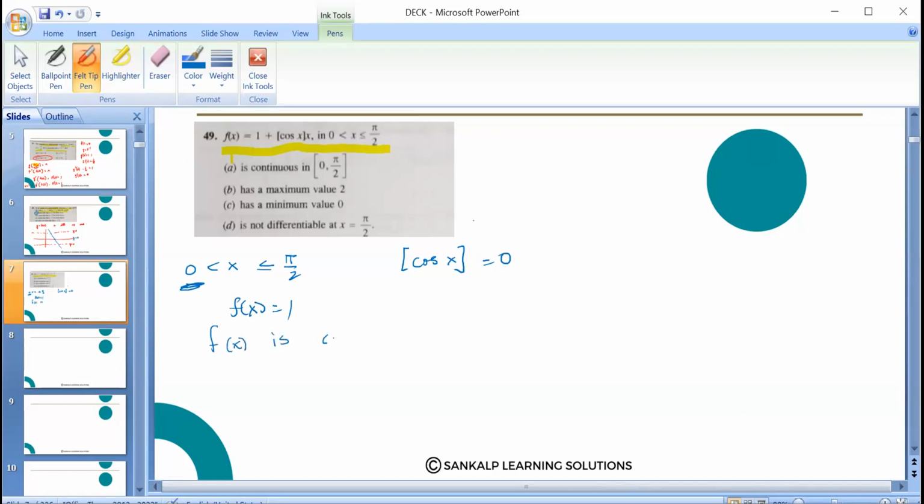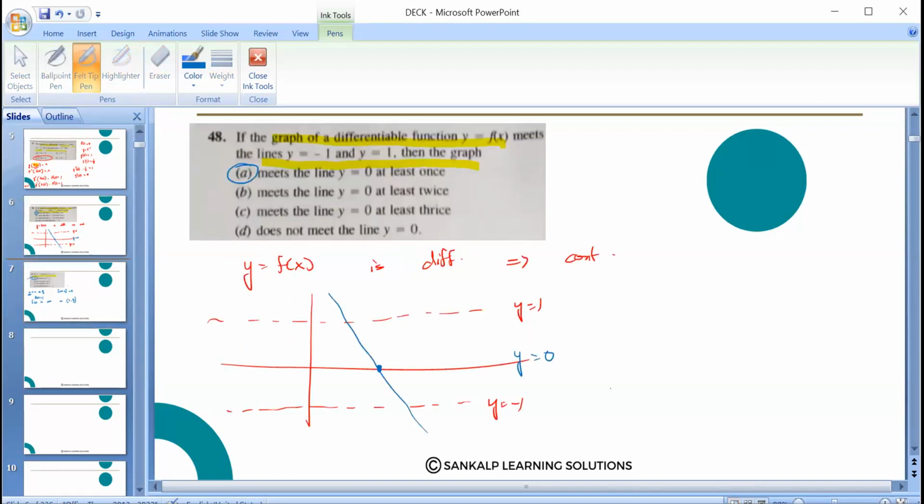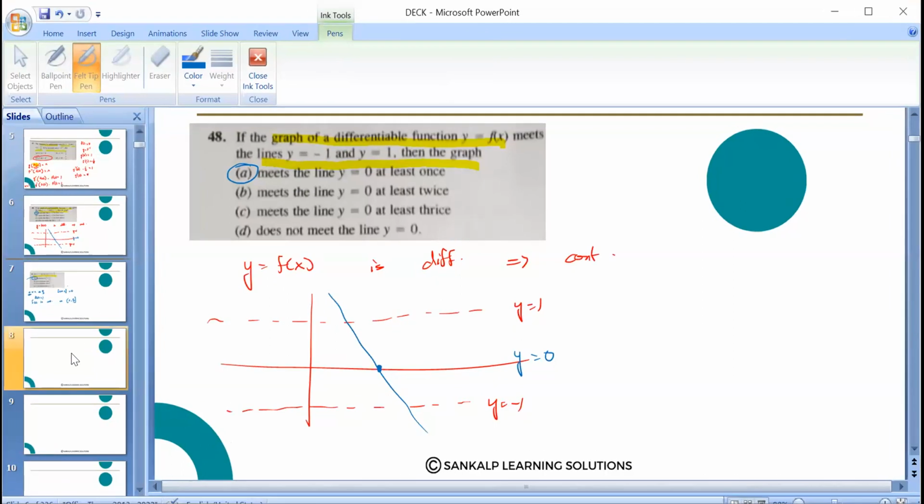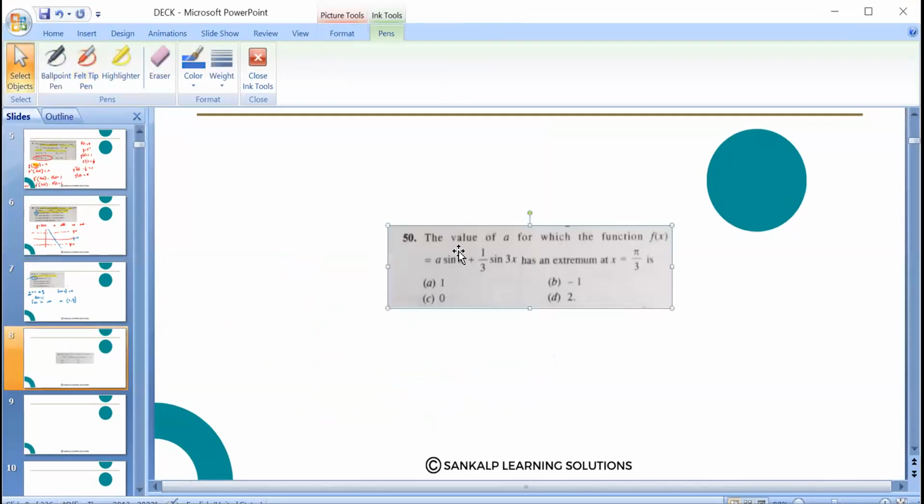So f of x is continuous on the given interval 0 to pi. Option A. That was 49. Next, 50.